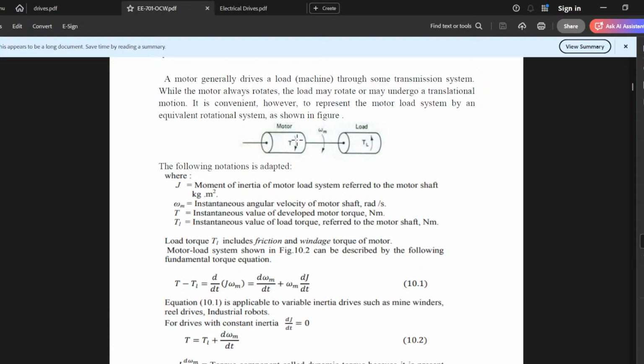We have the motor, a connector that goes with the speed omega, then the load. The following notations are adopted. J, moment of inertia of the motor load system referred to the motor shaft. Omega m, instantaneous angular velocity of the shaft.